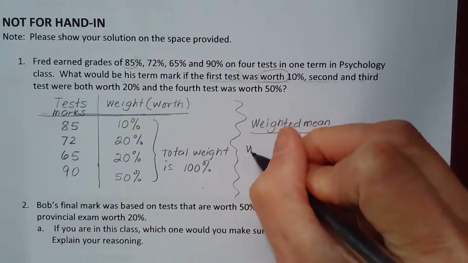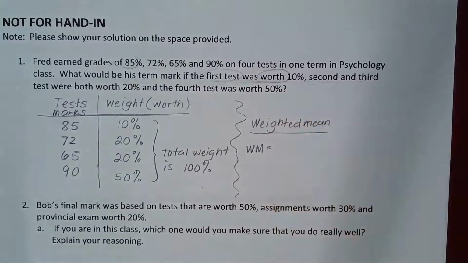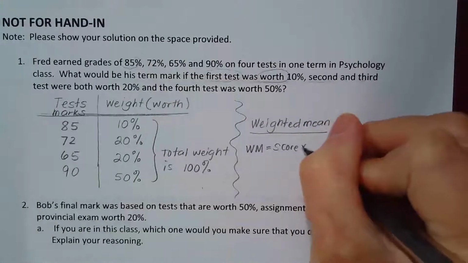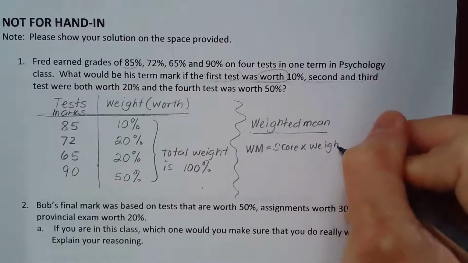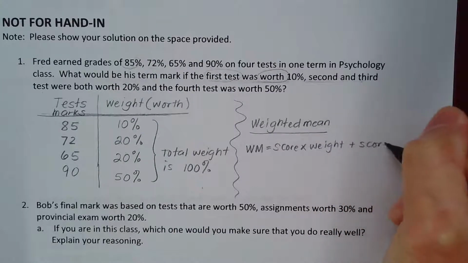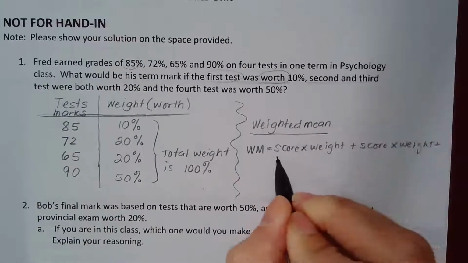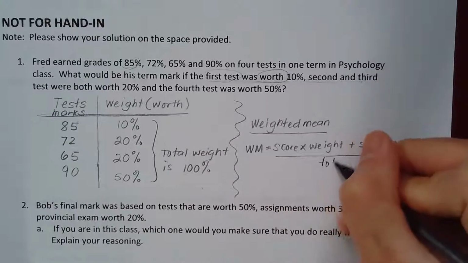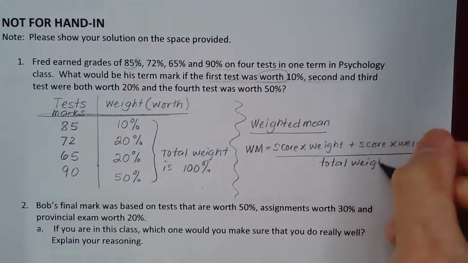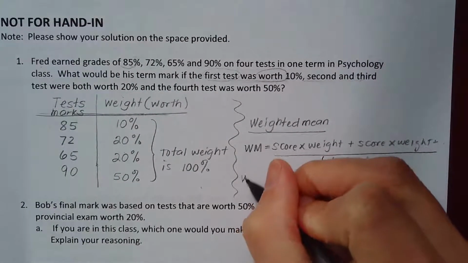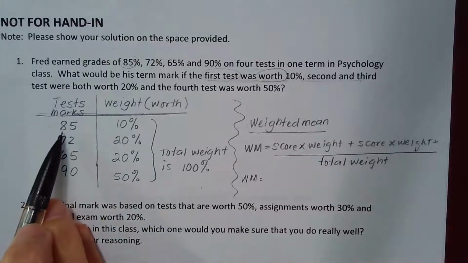I'll put WM, weighted mean, is equal to, and just to refresh our memory, weighted mean is equal to score times weight plus score times weight, and then divided by total weight. I just wrote down the formula so we have it right in front of us.